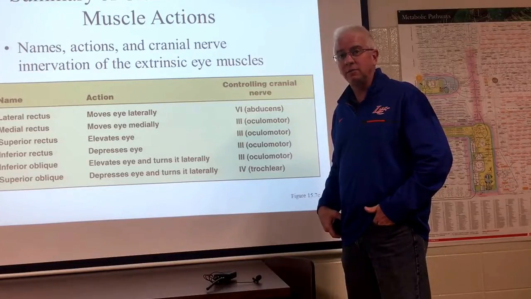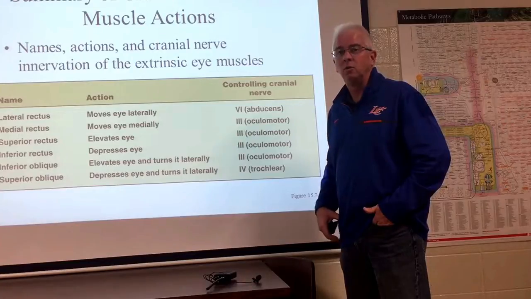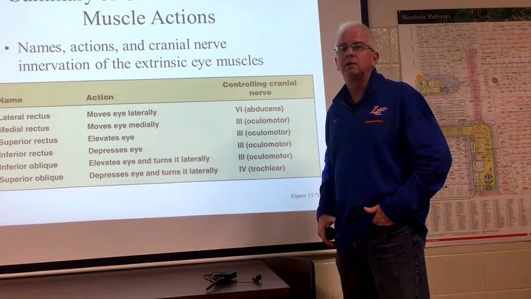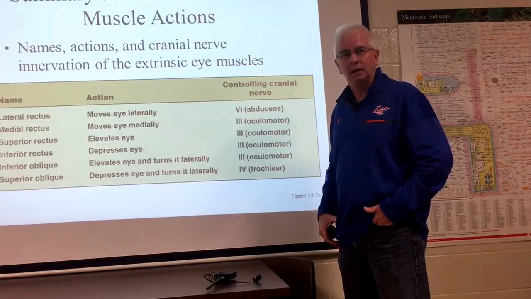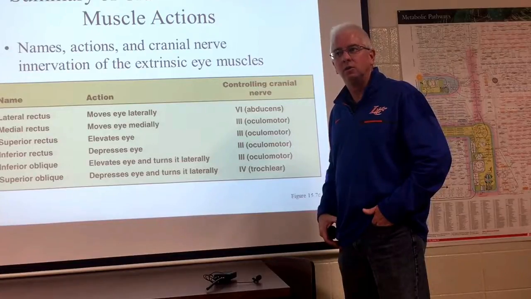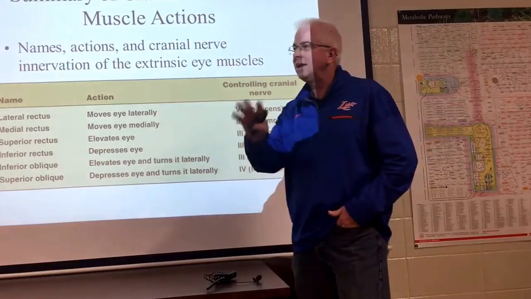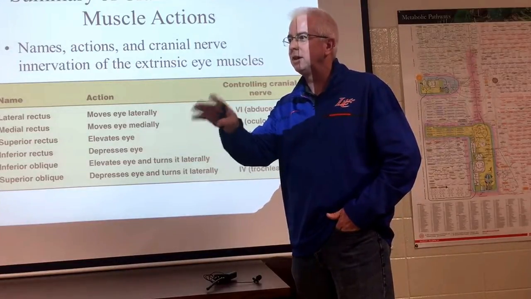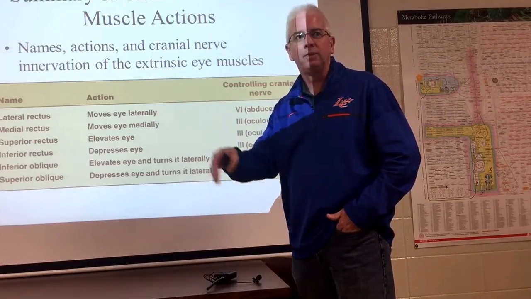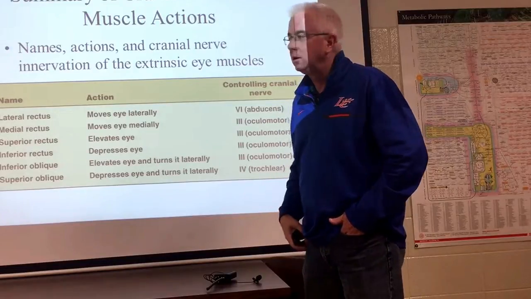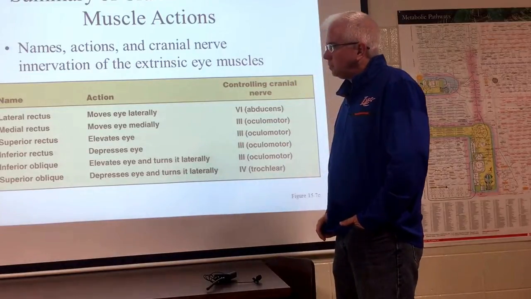So why do I just say 3 at the end? LR6, SO4, 3. What does the 3 mean? Everything else except the lateral rectus and the superior oblique gets oculomotor.